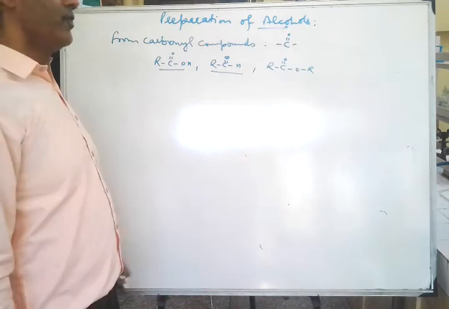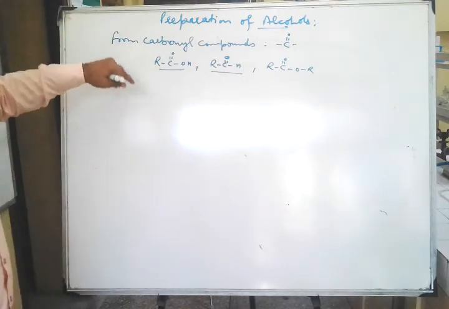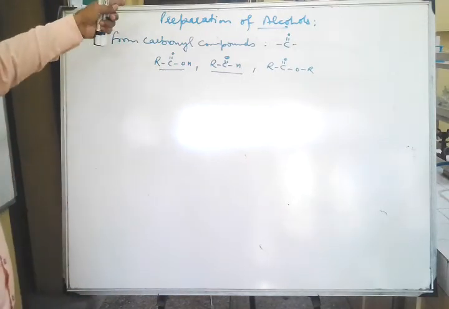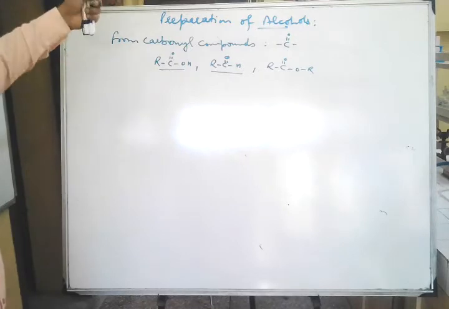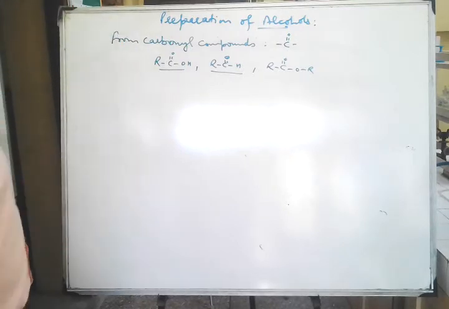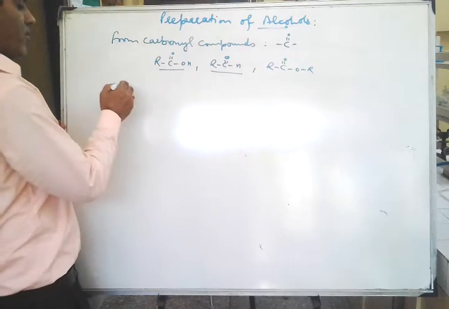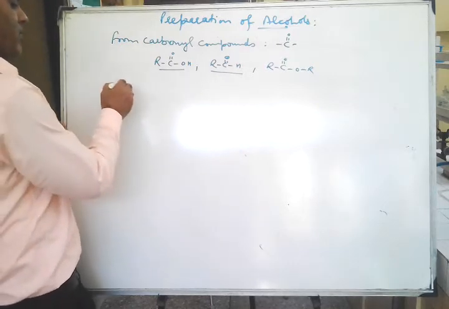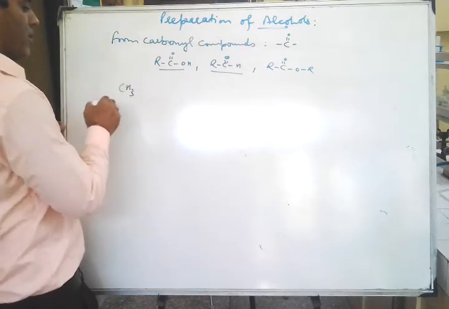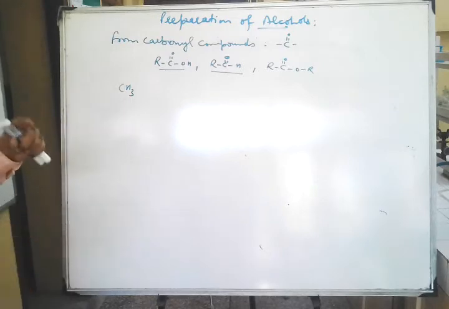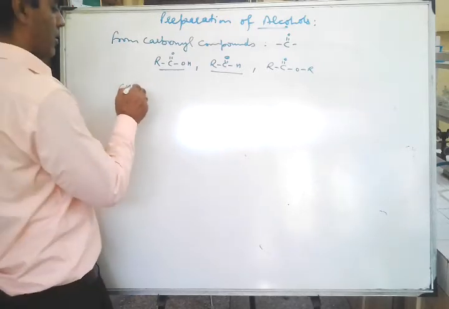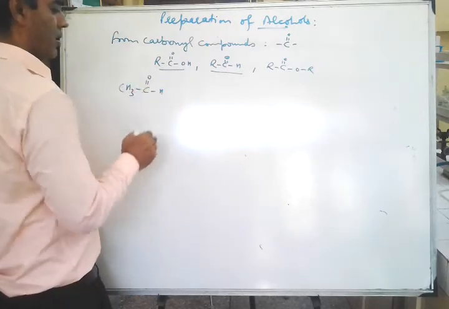There are others also, but in our syllabus, preparation is from aldehyde, ketones, carboxylic acid and esters. So we will discuss this. First of all, I will take formaldehyde. Not formaldehyde, I will take acetaldehyde. Right? So this is acetaldehyde.